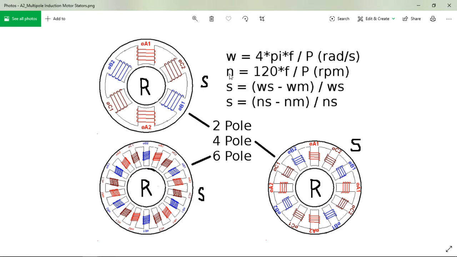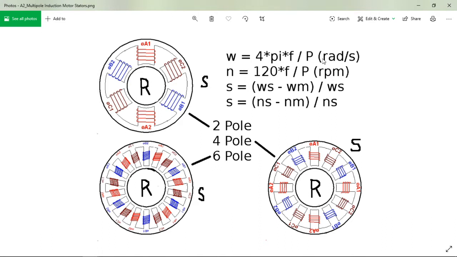Now sometimes you'll see N instead of omega here, and N is in RPMs. If you want the synchronous speed in RPMs, you multiply 120 times the frequency, which is 60, and divide by the poles. This would be in RPM.